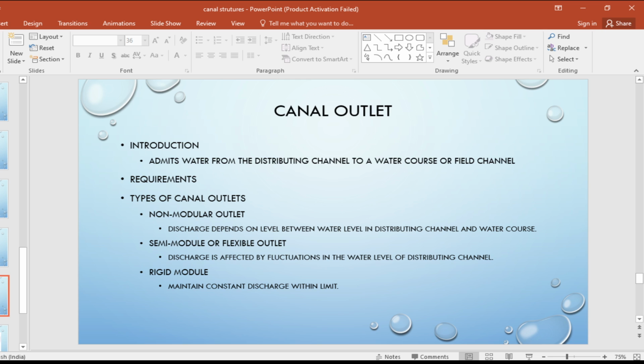Okay, here the discharge in non-modular outlet depends upon the difference in level between your distributing channel and the water course.